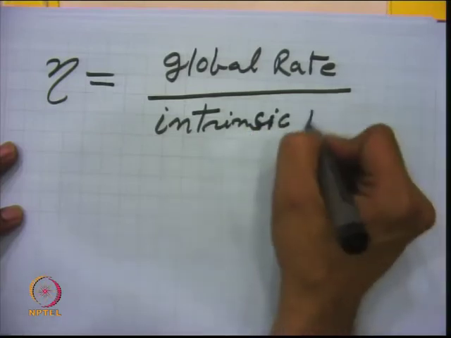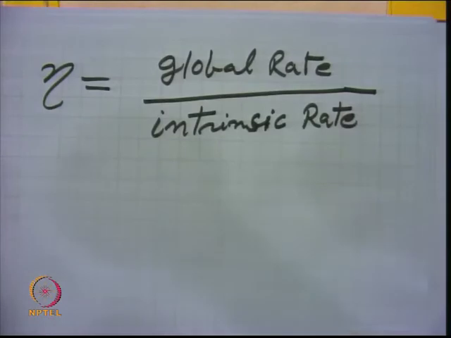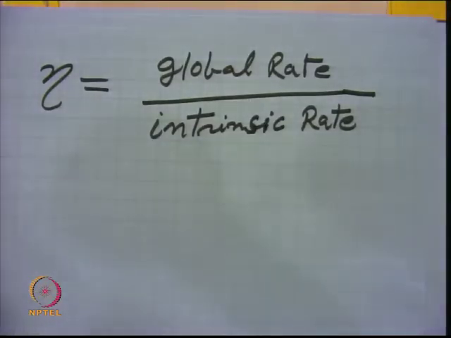Either you say global rate, observed rate, or overall rate, all terms have the same meaning. Global means the observed rate, what you actually get when you do the experiment.